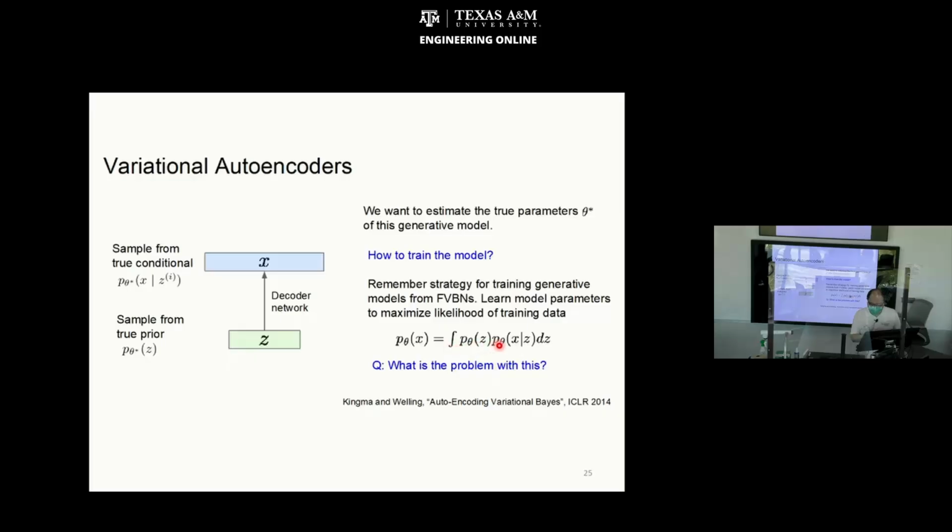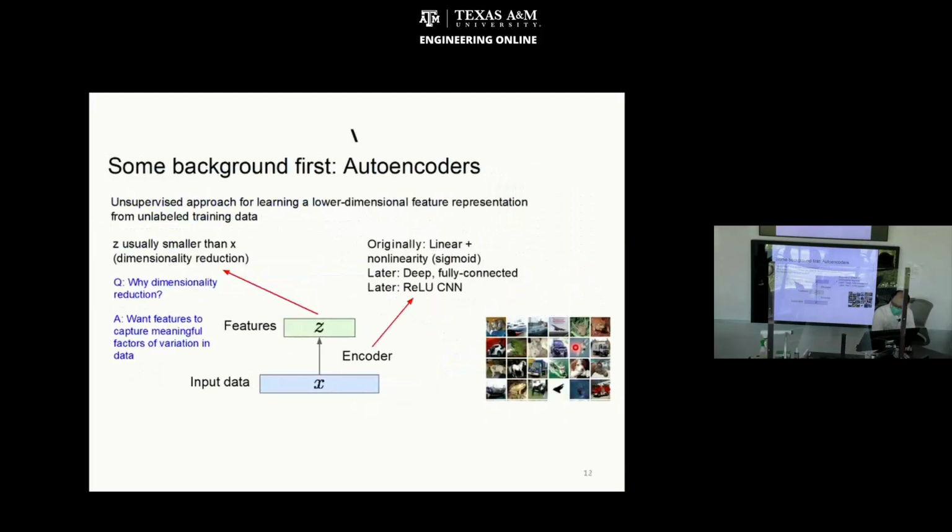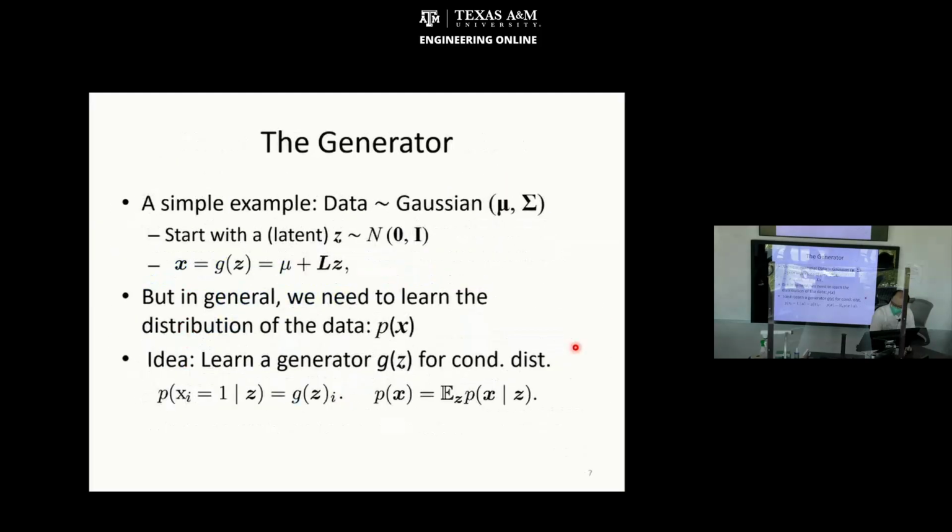P theta of x and z. And then I have a prior distribution of the z, so I have the joint distribution, and I do the integral. What is this? We have seen this before. Let me remind where it is. Just right here.